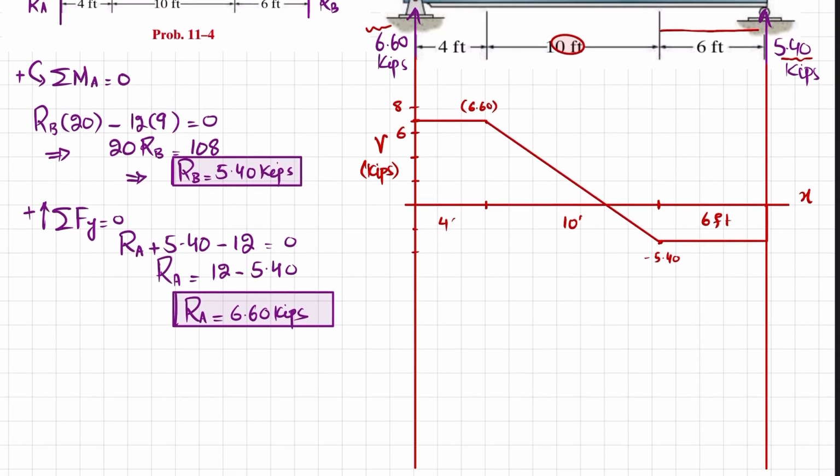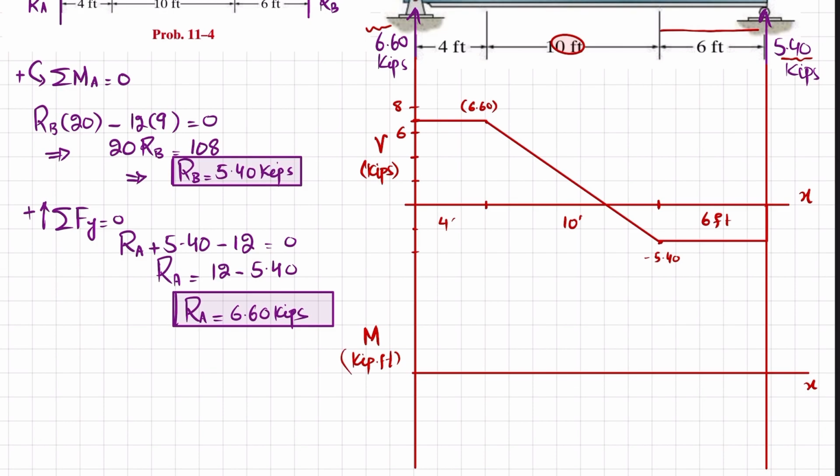Now with the help of this shear force diagram, I will draw the bending moment diagram. So for bending moment diagram, I will draw a horizontal line to represent the length of beams. This is moment that will be in kips into feet.